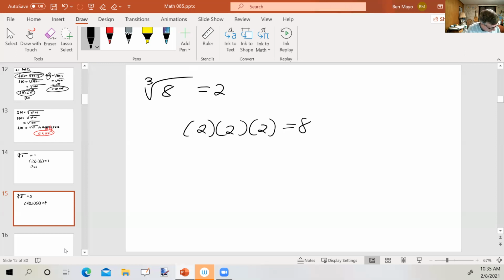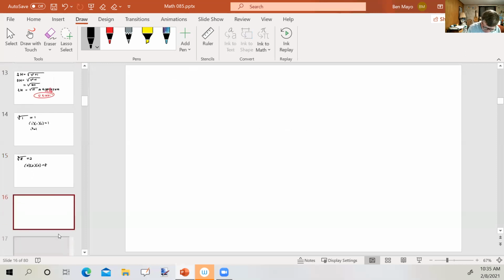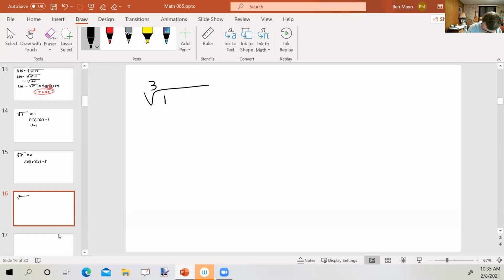Great. How about the cube root of 125? Oh, wait, negative 125. Can we take an odd root of a negative number? Yes, we can. We just can't take an even root. The cube root of negative 125, well, let's see, a number times itself times itself is negative 125.